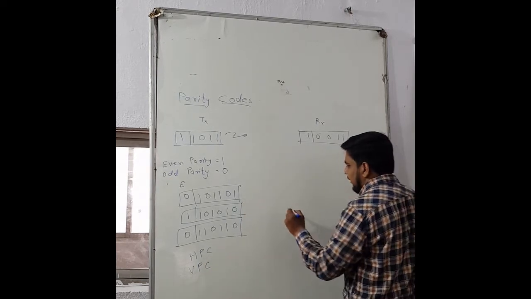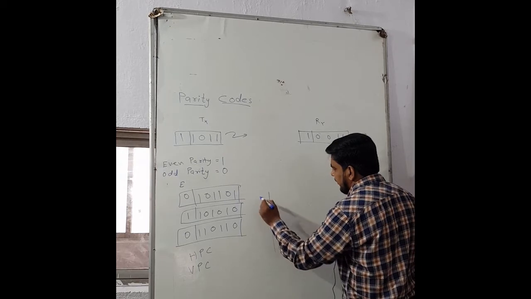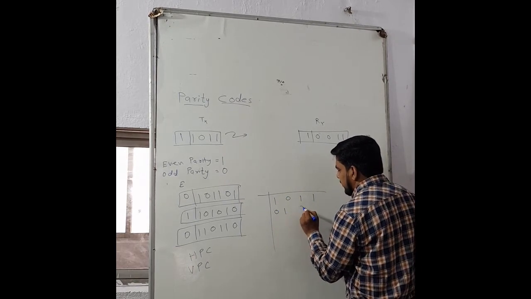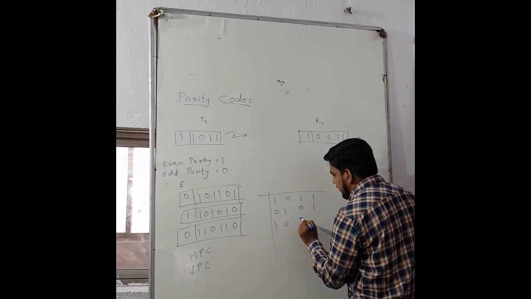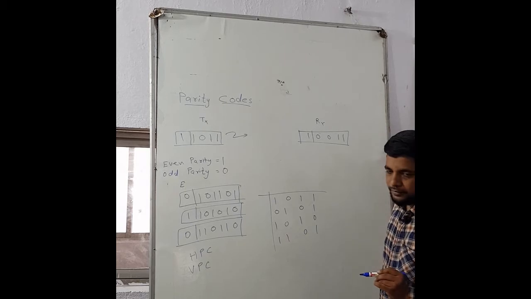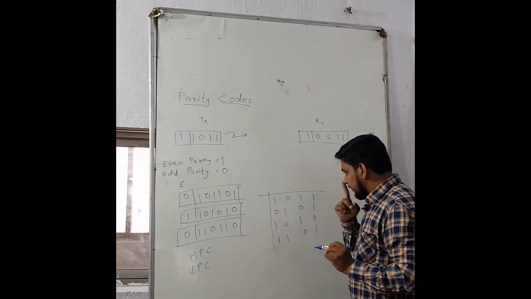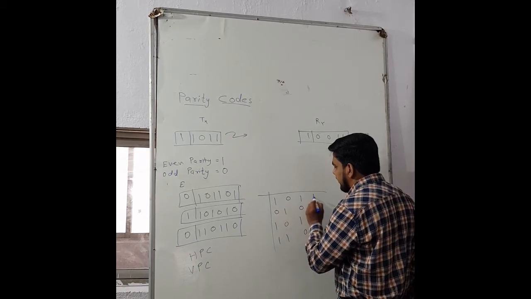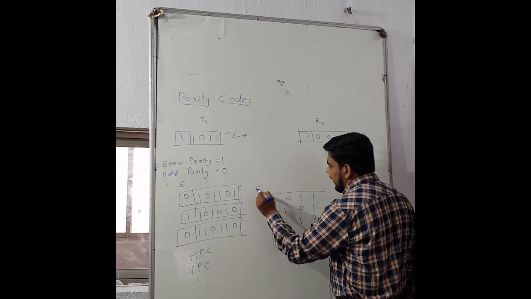Suppose this is the information: 1011, 0101, 1010, 1101. Then through the horizontal parity checking, here it is 1011, the number of ones is odd, and we are considering even parity for both.